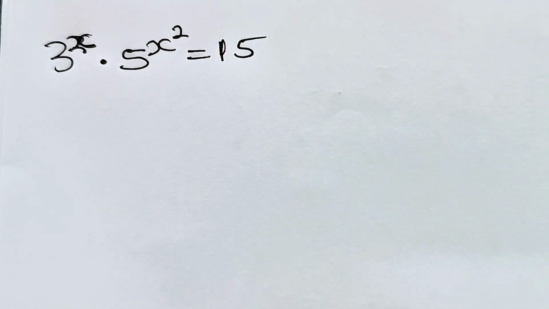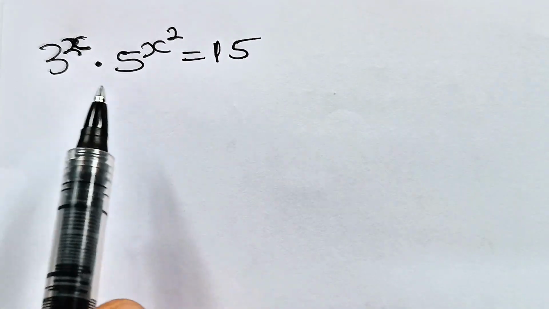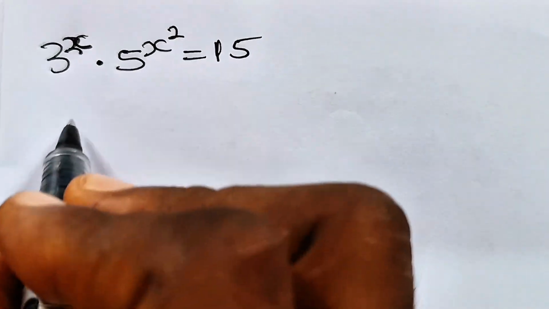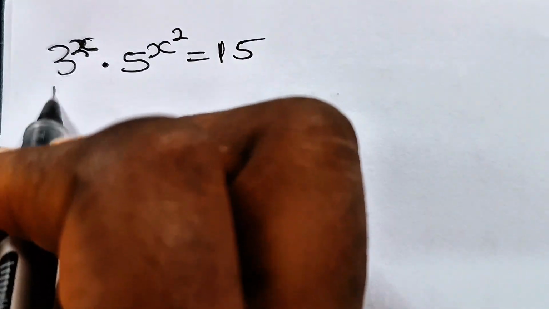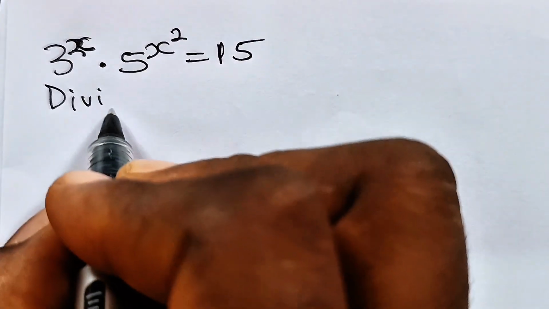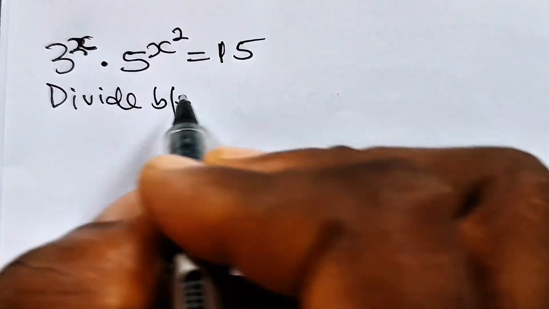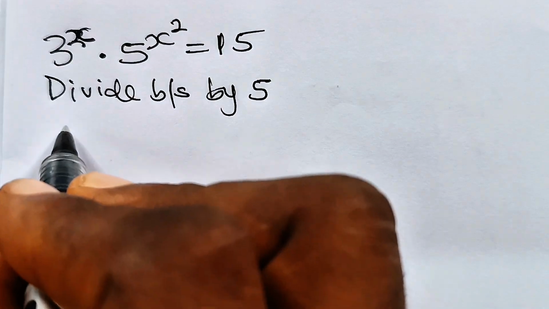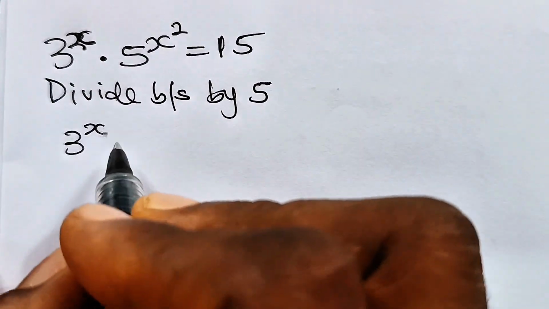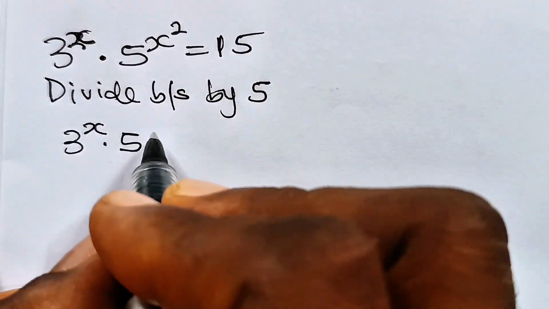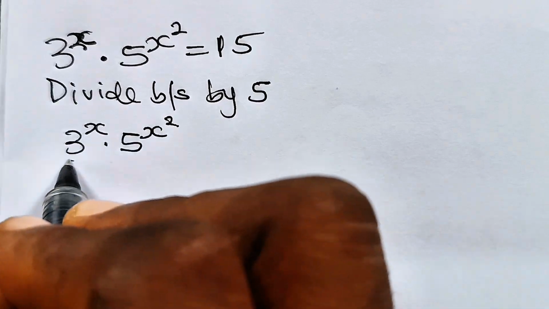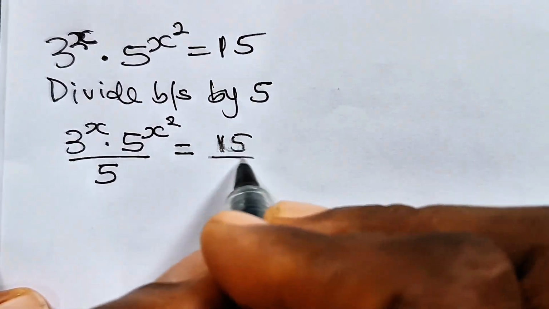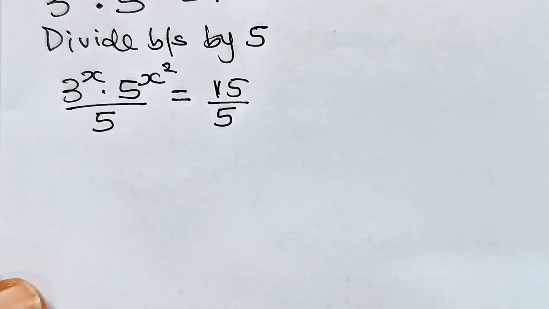Now, first of all, let us divide both sides of this equation by 5, okay? So let's divide both sides by 5. If we do that, we'll have 3 to the power of x multiplied by 5 to the power of x squared divided by 5 is equal to 15 divided by 5, okay?